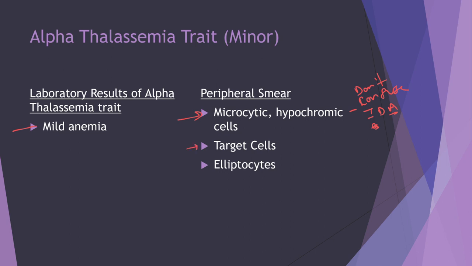You're also going to see target cells and elliptocytes. So if we compare a silent carrier to now alpha thalassemia trait, the silent carrier also has targets and elliptocytes, but now we also have those microcytic hypochromic cells and that mild anemia.